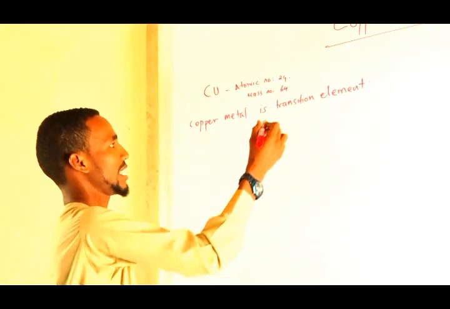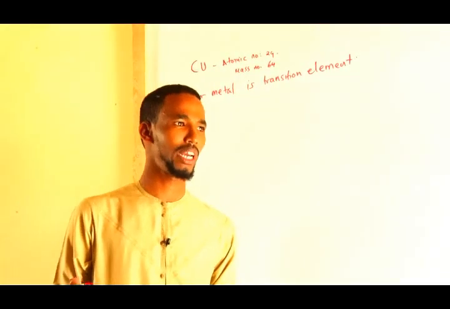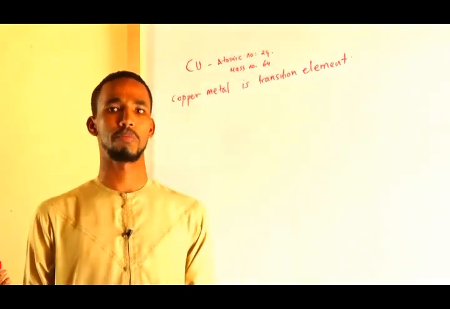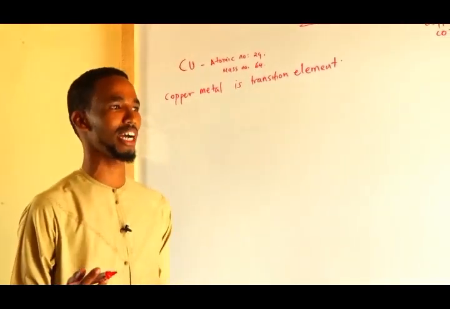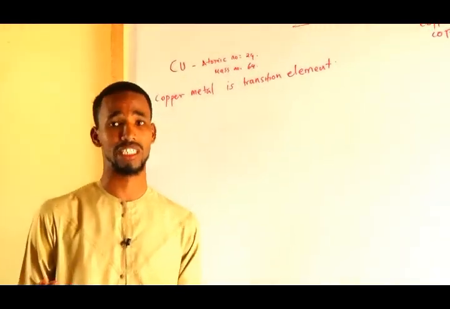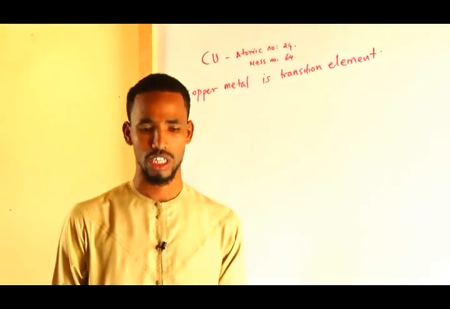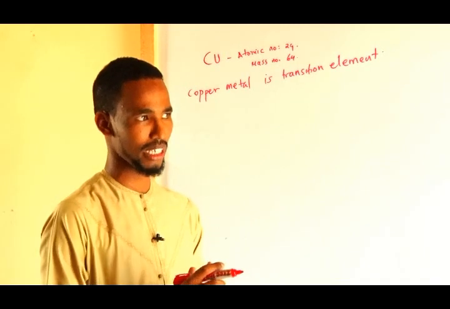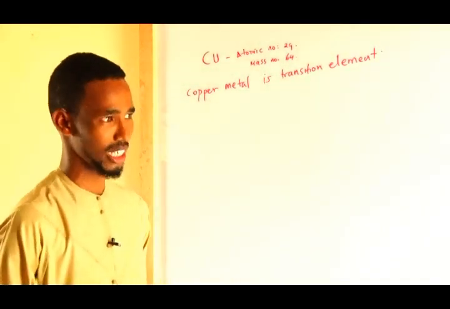It's among the transition elements, which are found between group 3 to group 12 in the periodic table. There are other transition elements like lead, which we shall be discussing later. So copper metal combines with other elements in which it exhibits two oxidation states.